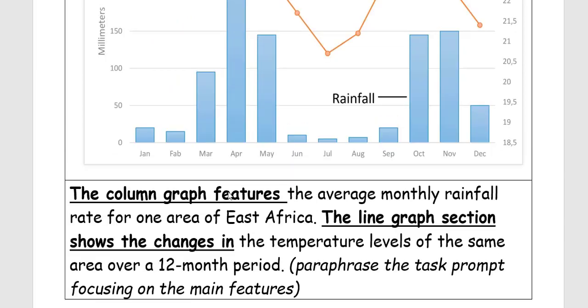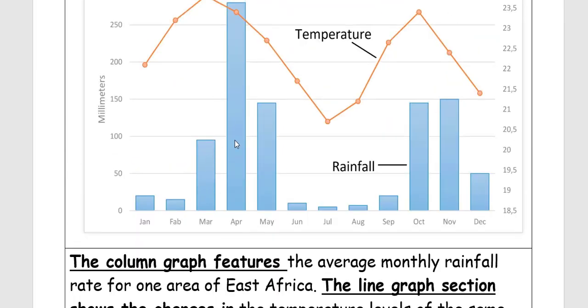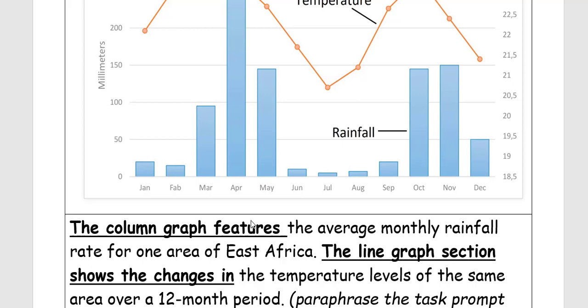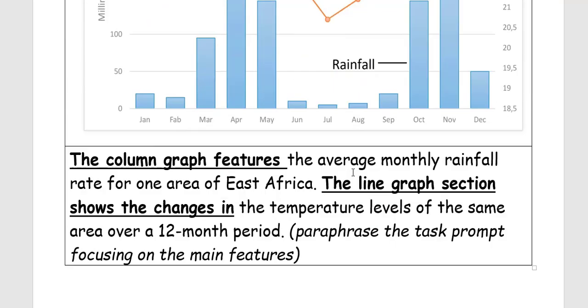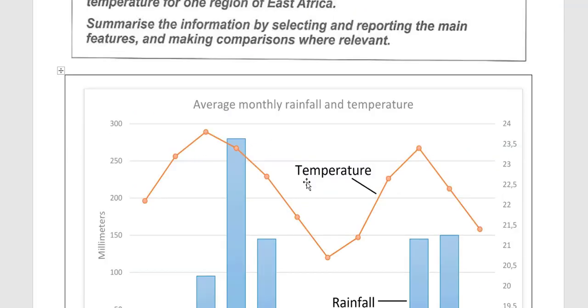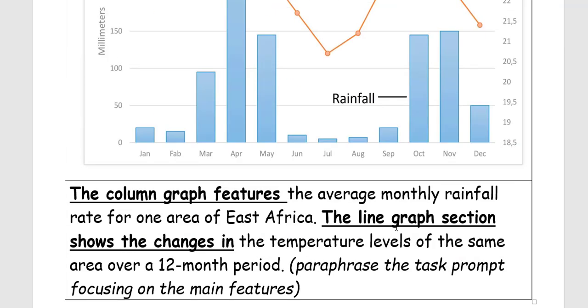The column graph, which basically means the bar graph, features, which means shows, the average monthly rainfall rate for one area of East Africa. Okay, so we have just paraphrased our task. The line graph section, okay, so you can just write also the line graph or the line graph section, both of them are correct, shows the changes in the temperature levels.